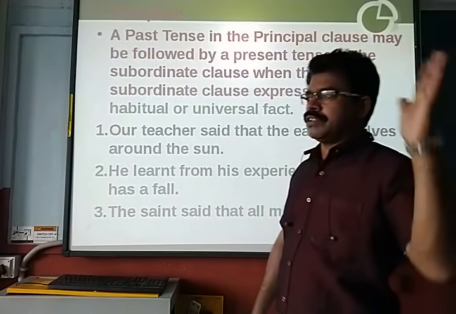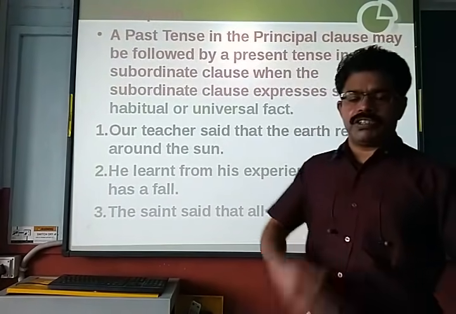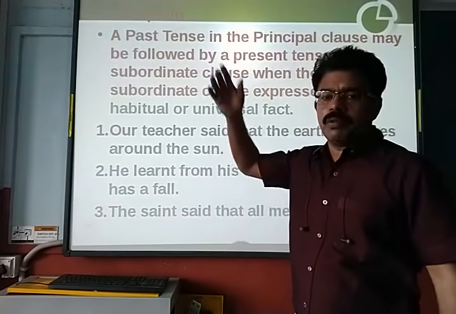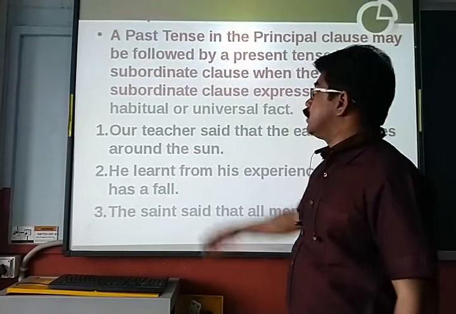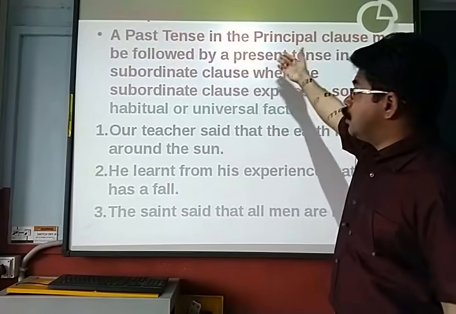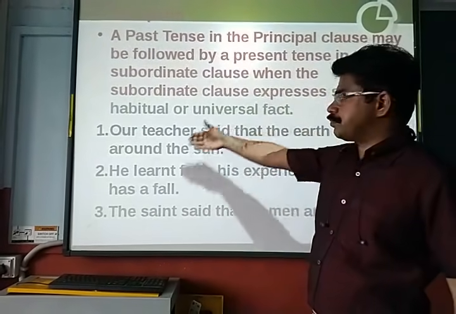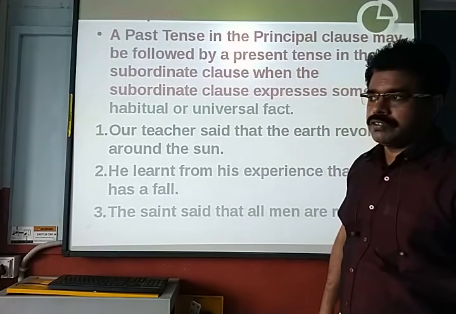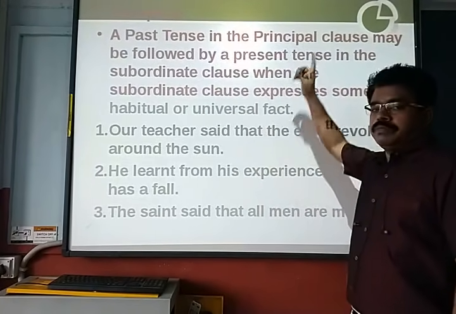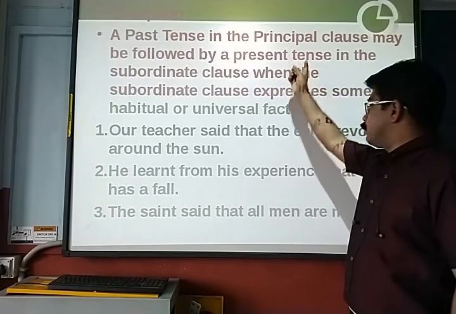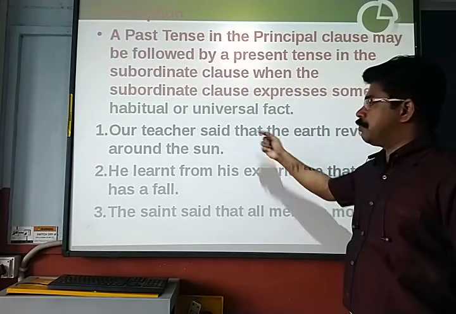Almost like in the tense when we studied quotations, when we are speaking, even if the person is no more, we use the present tense. In the same way, if we are speaking about universal truth or habitual actions, irrespective of the tense in the principal clause, we follow the present tense.